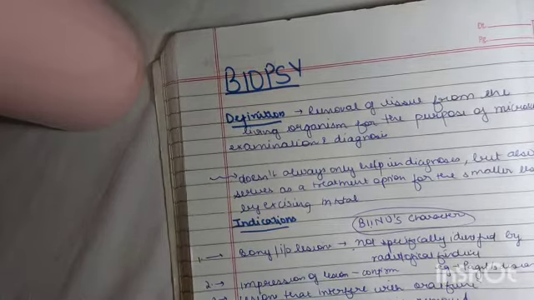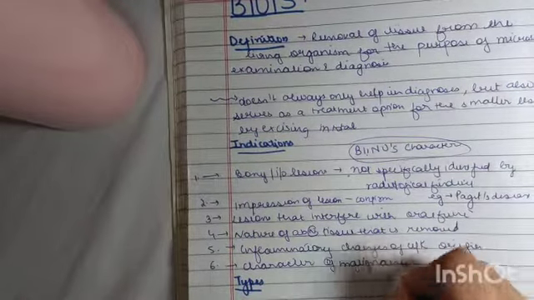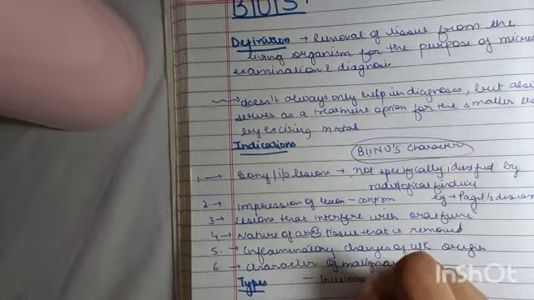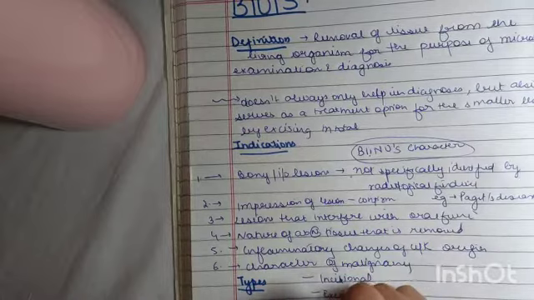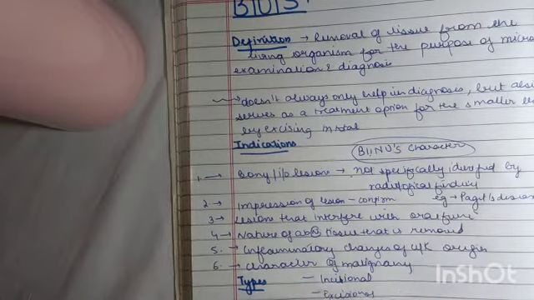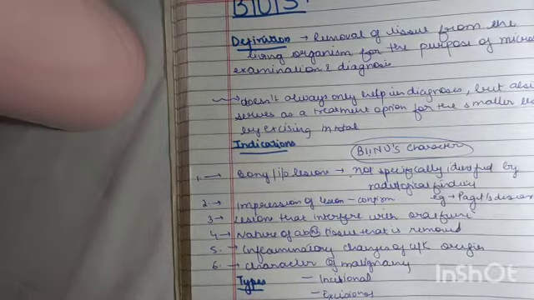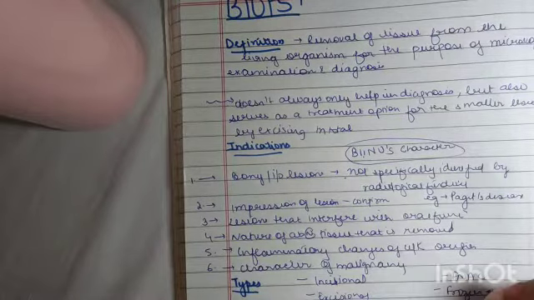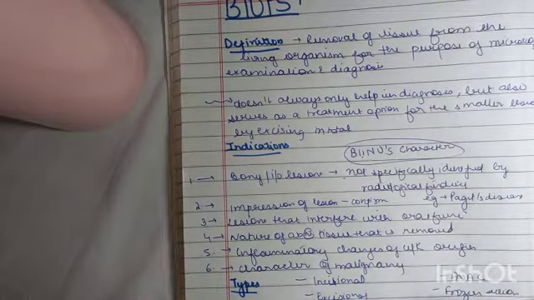Now biopsy is of a lot of types. We will enlist them. First is the incisional, excisional, punch cut, exfoliative cytology, then FNAC, then frozen section, brush biopsy, core biopsy.